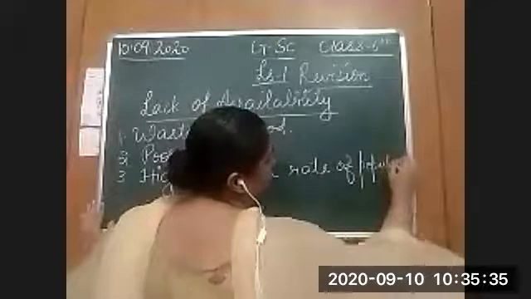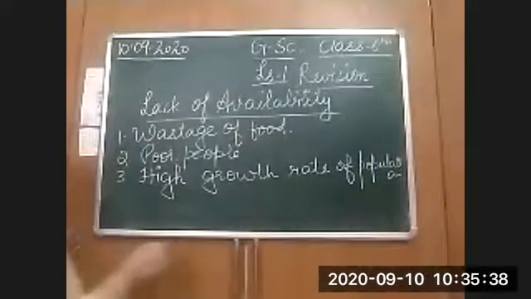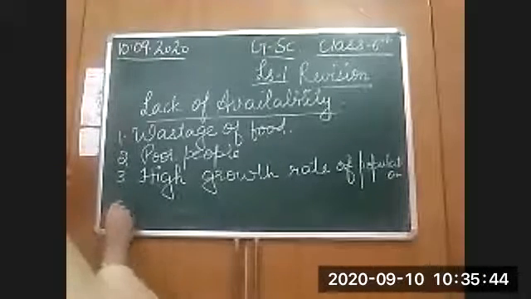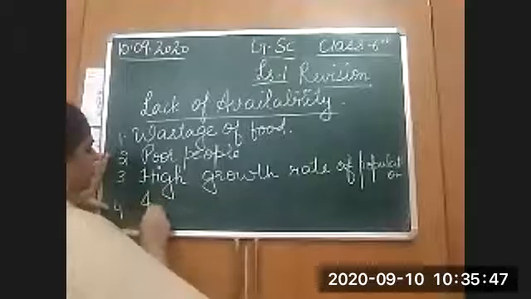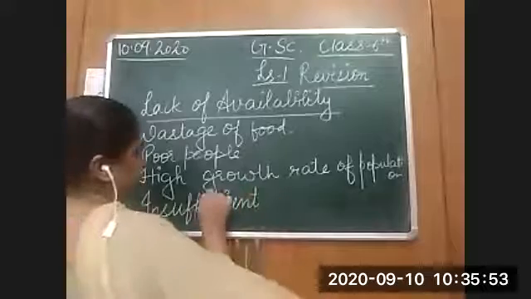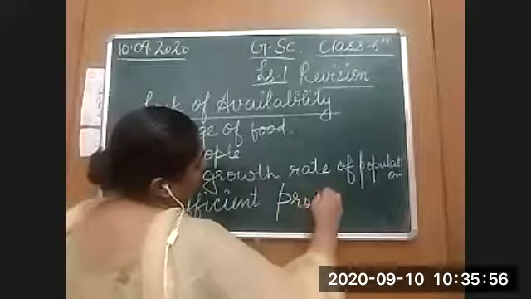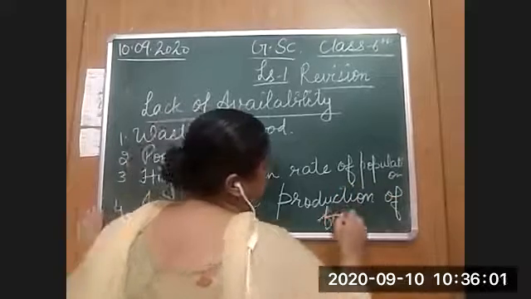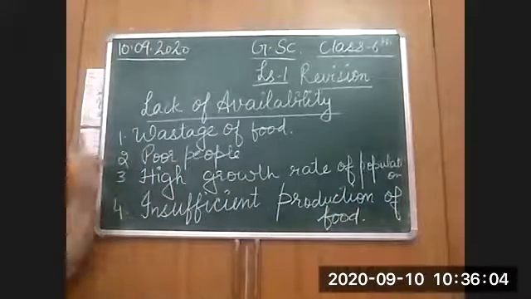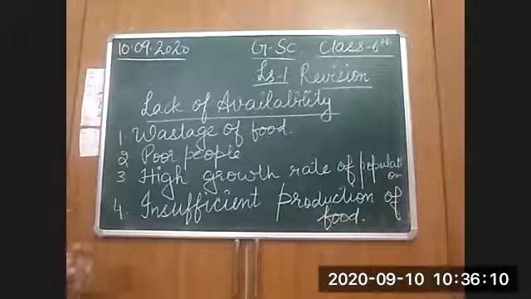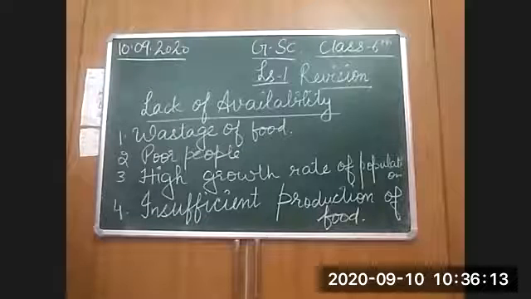Is that clear to all? Population is increasing. As the population is increasing, that much food is not being produced. So another point is insufficient production. We are not producing as much food as we need. Insufficient production of food. Right? So these are the main 4 factors why food is not available to everyone. Which are the 4 factors?